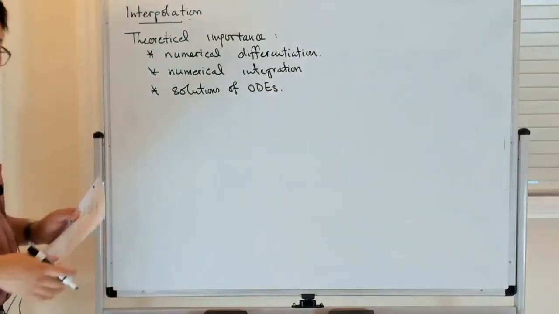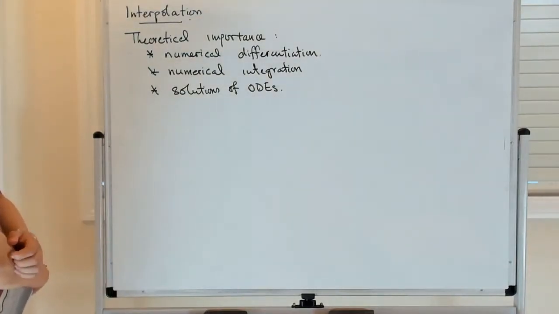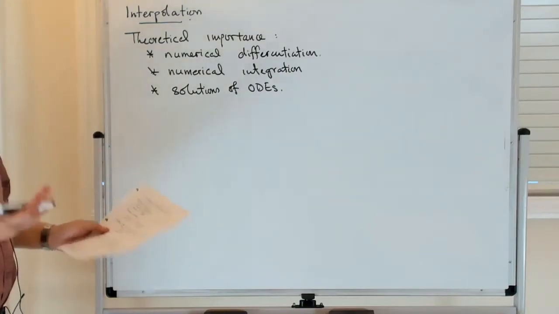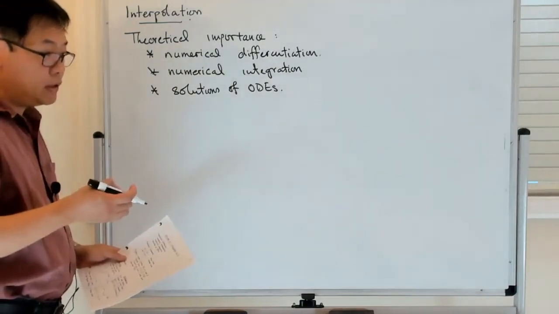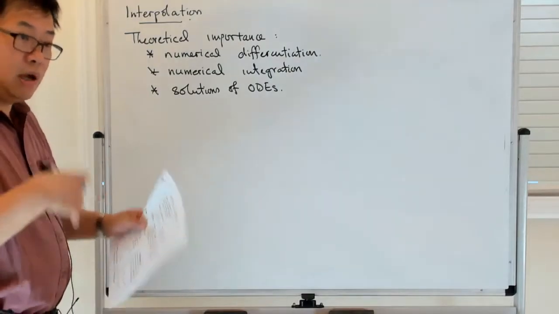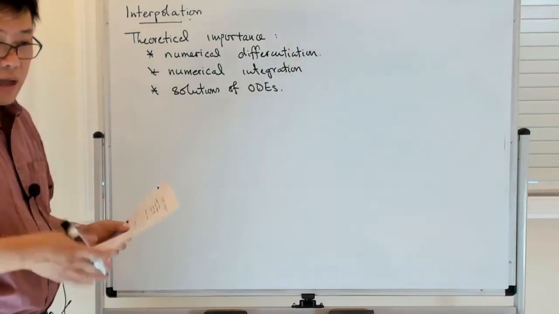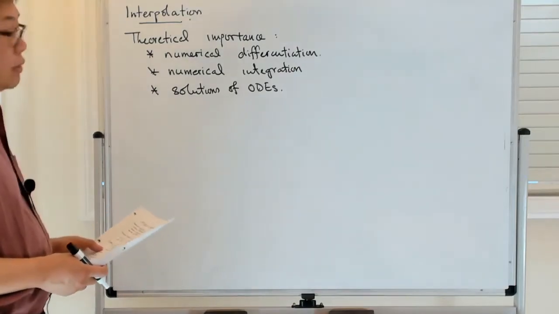So this is not the only application of interpolation. Many numerical algorithms can be interpreted as taking a problem, approximating it using, for example, interpolation, and then solving that resulting approximate problem exactly.